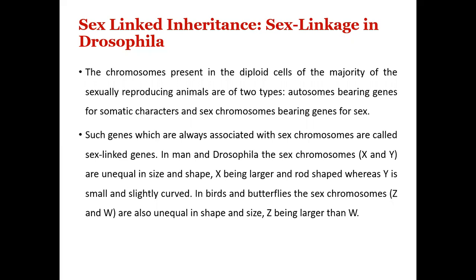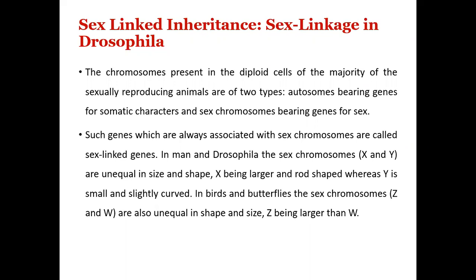For example, another example you can take is the domestic fowl. The female forms eggs of two sorts: half with the X chromosome, which when fertilized by any sperm develop into males, that is XX, and half without an X chromosome, which develop into females.